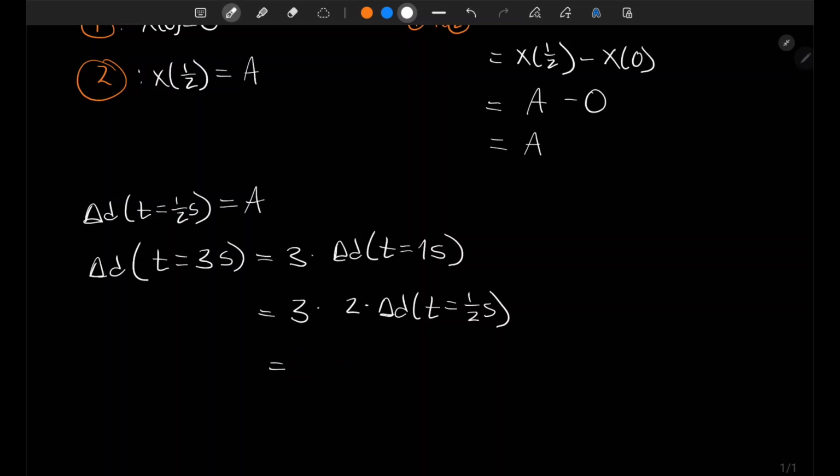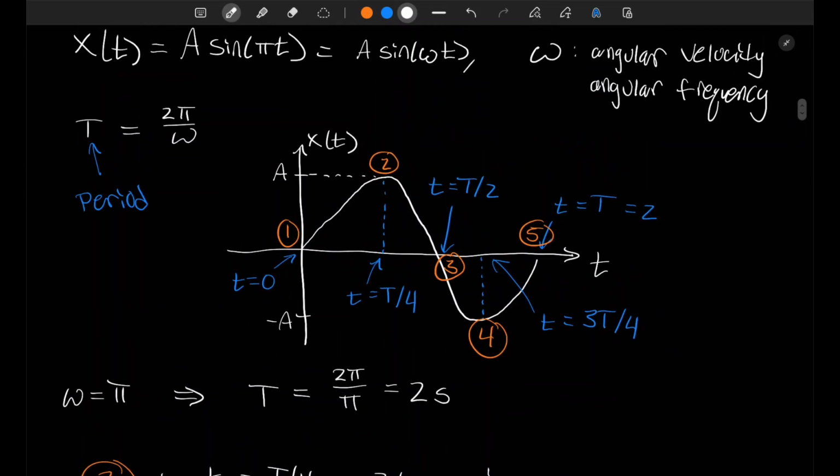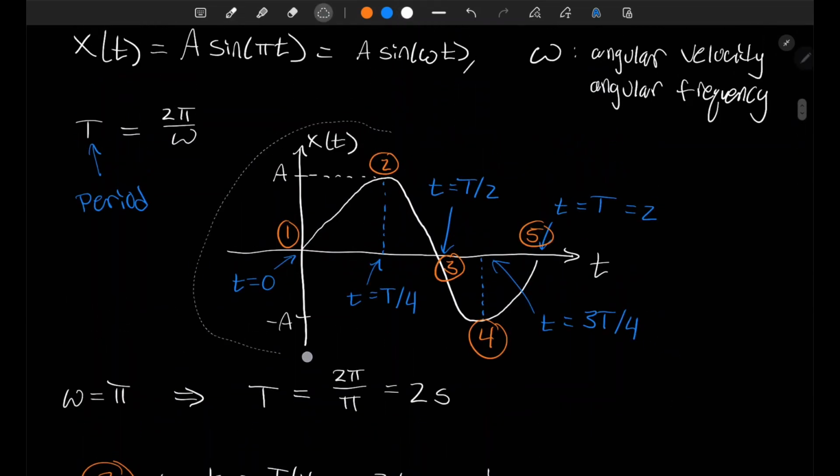So plugging in for what we have, this is 3 times 2 times a. And that's because delta d for t is equal to half a second is a. So this should give us 6a. That is the total distance, not the displacement, but the total distance traveled in 3 seconds is 6a.